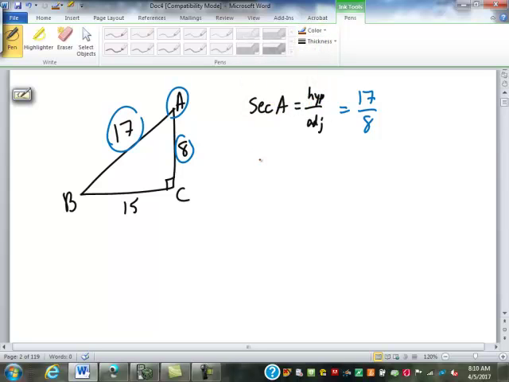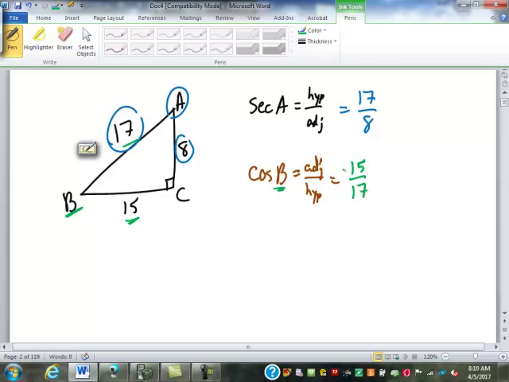If I ask you for the cosine of angle B, remember, cosine is adjacent over hypotenuse. Well, we're looking at angle B now. So the hypotenuse is still 17, but from angle B, the adjacent side is the 15.